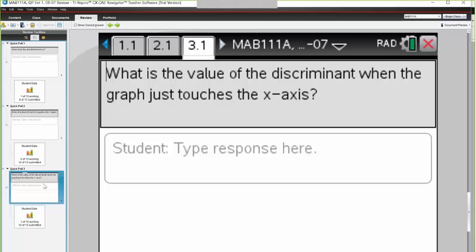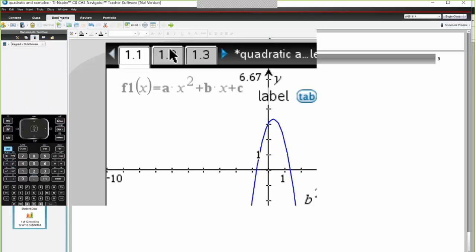When the graph just touches the x-axis, they should know that we've only got one solution, but the value of the discriminant is actually 0. I did have a student that said 1. What they've mixed up is they've answered how many solutions there are when it just touches the x-axis. By doing the quick polls, I was able to find that information out.